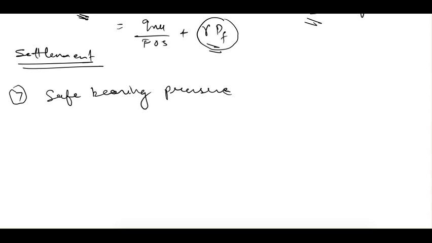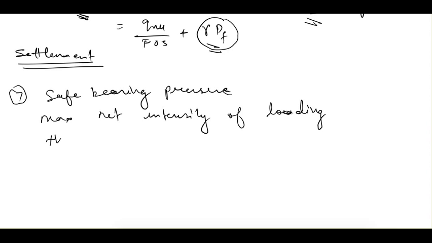The safe bearing pressure is the maximum net intensity of loading the soil can carry without excessive settlement.